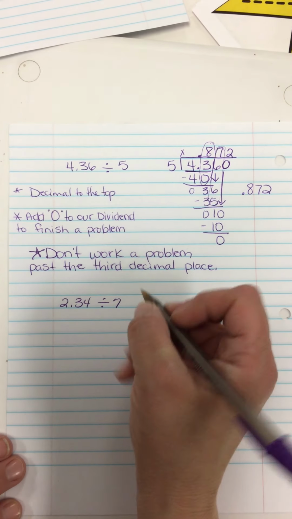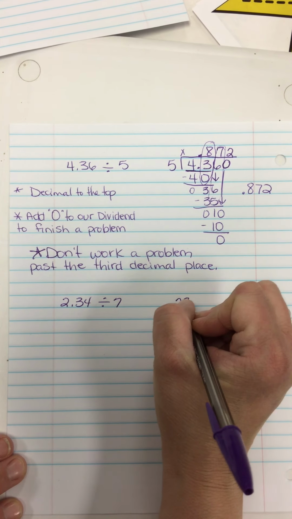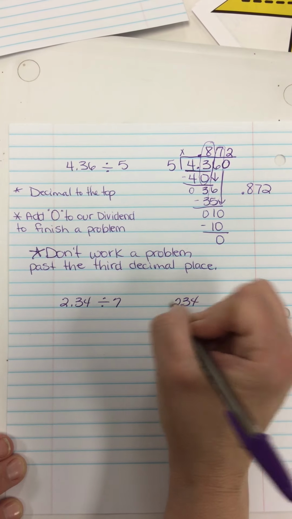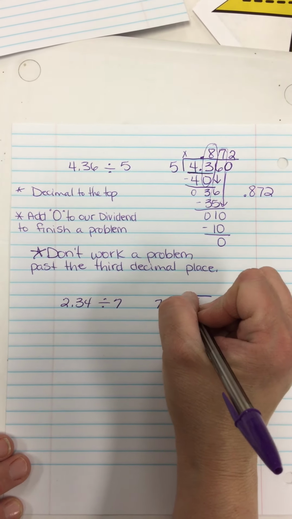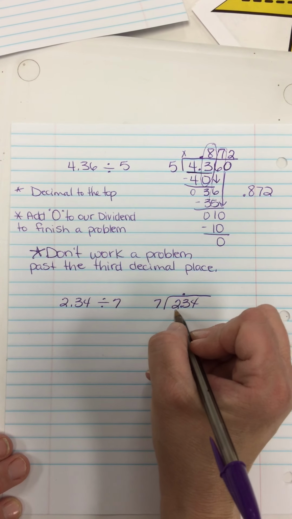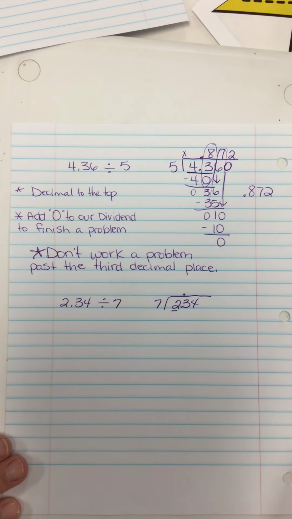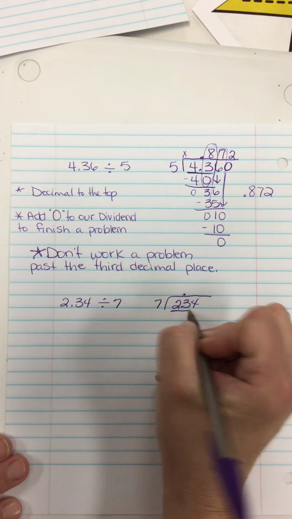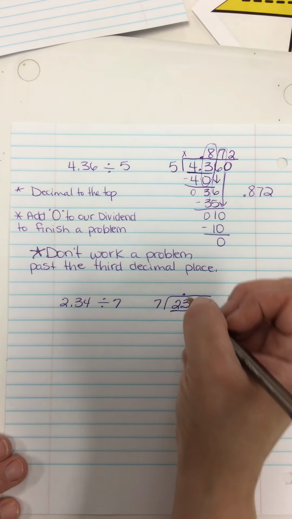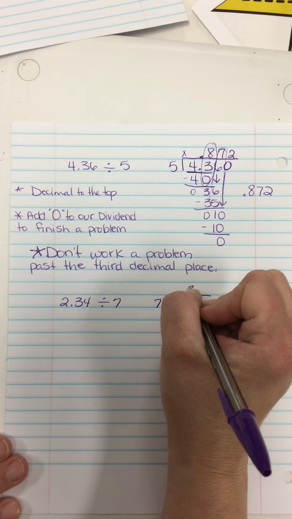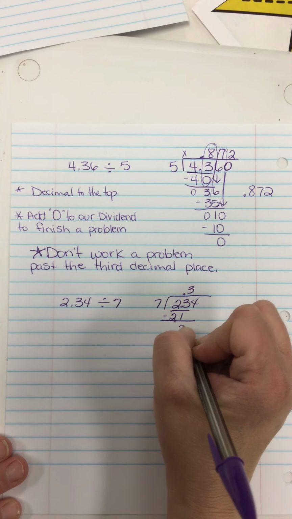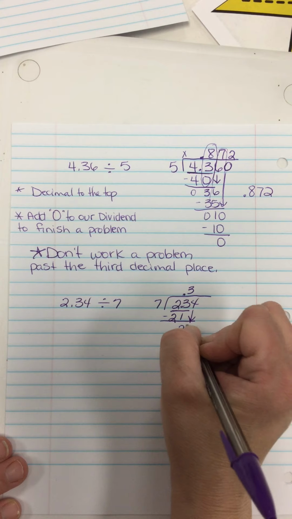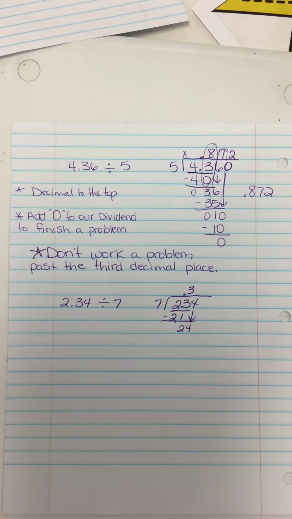Okay, so I'm going to say 2 3400ths divided by 7. I'm going to bring my decimal to the top. 7 times a number cannot equal 2, so I'm going to look at 23. 7 goes into 23 3 times, which is 21. Subtract, and I get 2. Bring down my 4.